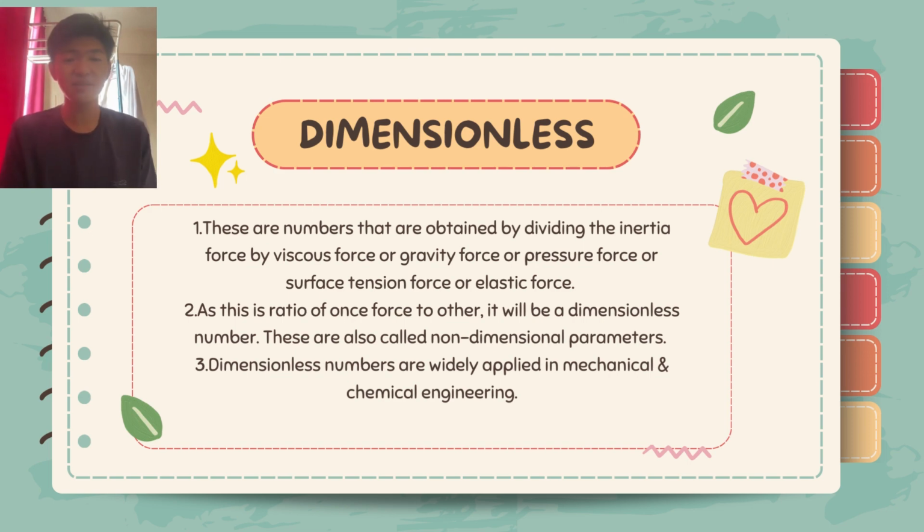As this is the ratio of one force to another, it will be a dimensionless number. They are also called non-dimensional parameters. Dimensionless numbers are widely applied in mechanical and chemical engineering.